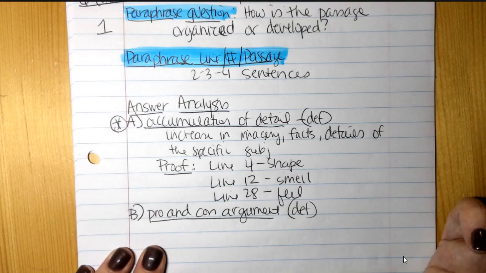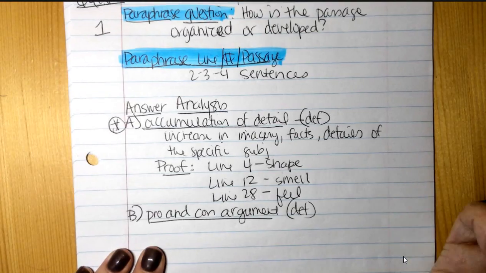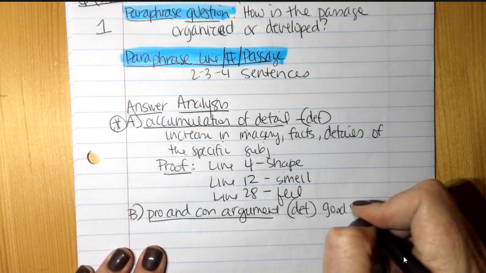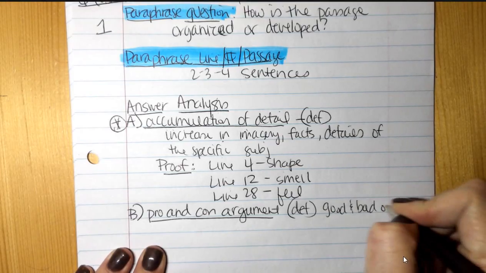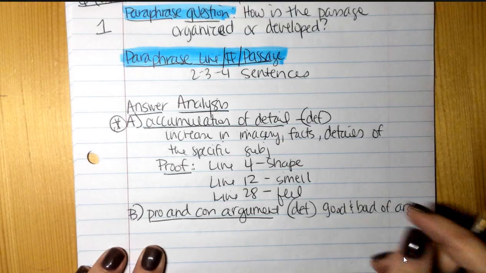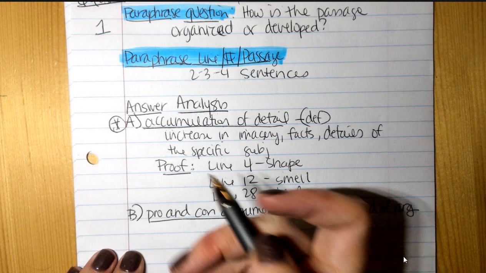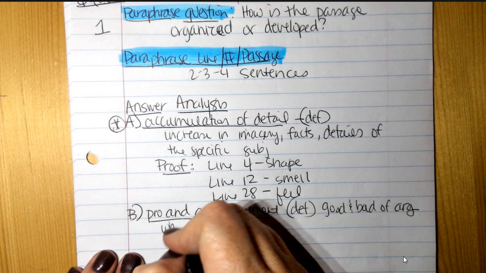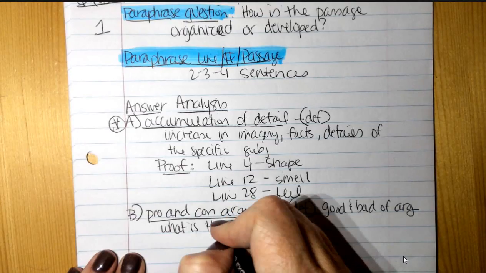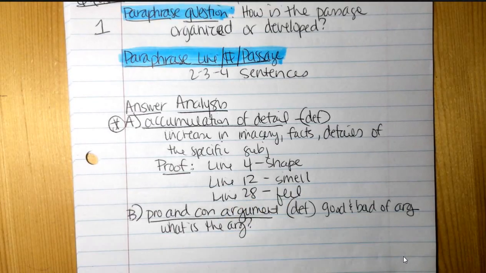What is a pro and con of an argument? The good and bad. Yeah, it's the good and bad. Now, for this one, you have to tell me what is the argument. Just because it's the wrong answer does not mean that there's not an argument in there.